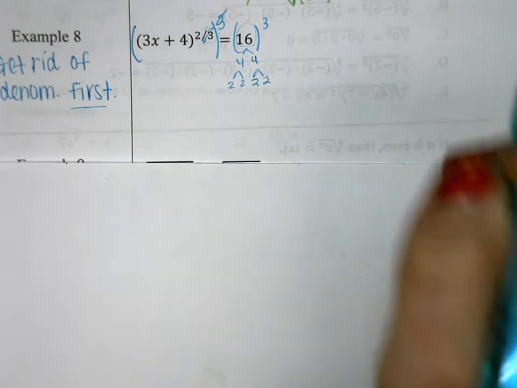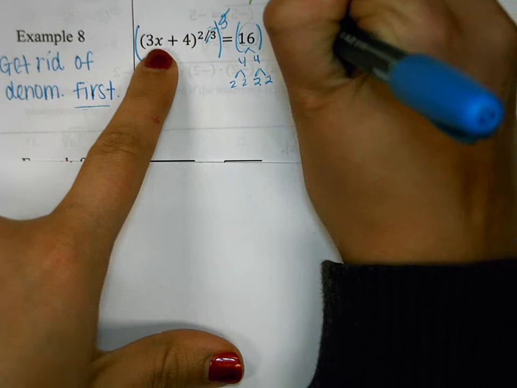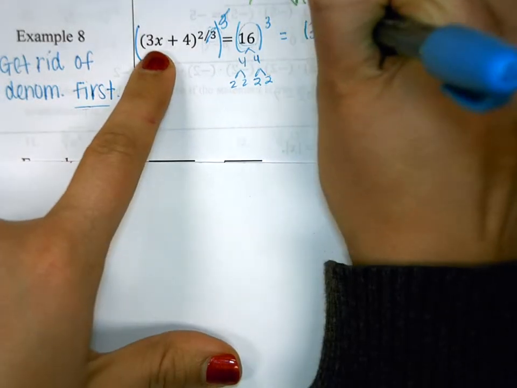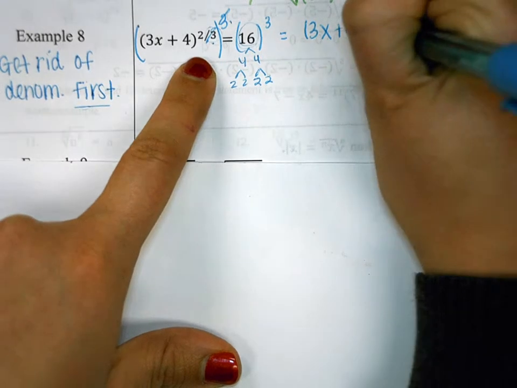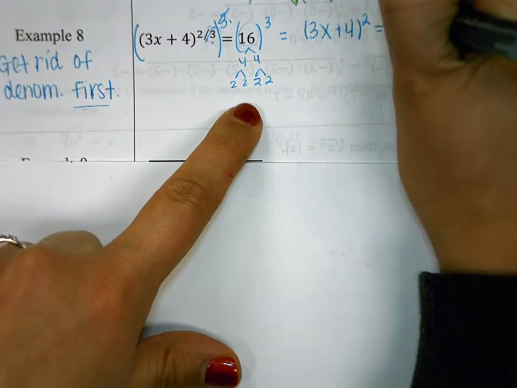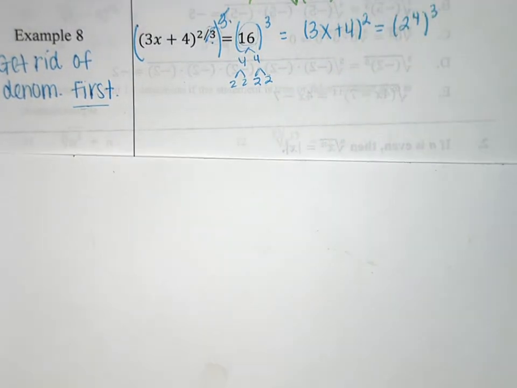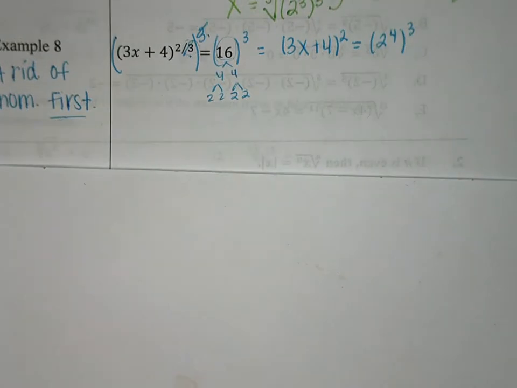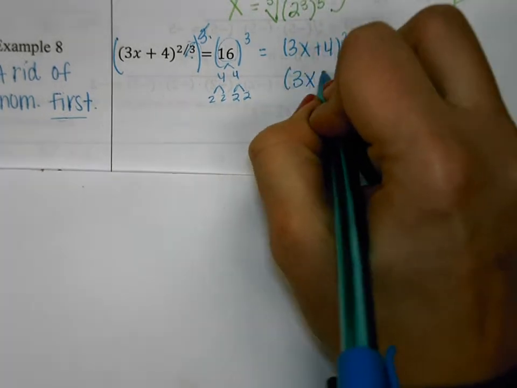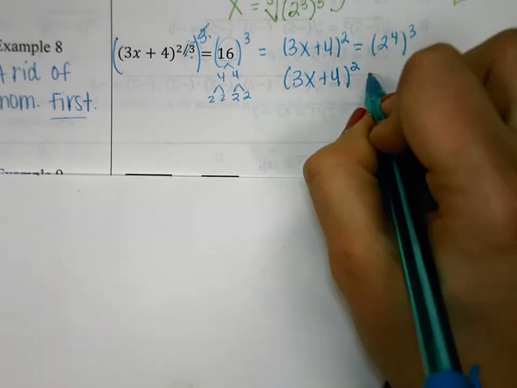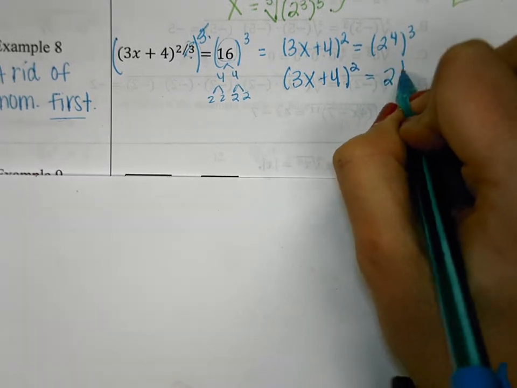So this is the same as 3x plus 4 squared, because those 3's canceled, equals 2 to the 4th to the third power. So this is 3x plus 4 squared equals 2 to the 12th.